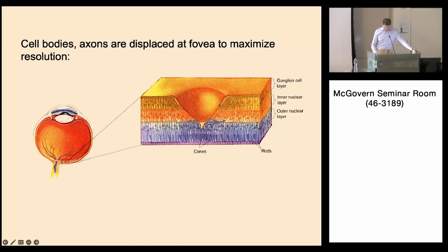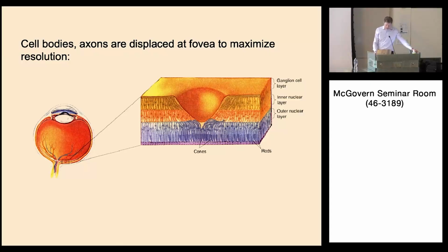You can see that the cell bodies here are moved out of the way, and that means that the light doesn't really get scattered. I guess the idea is that out here, away from the fovea, the little bit of scattering that happens from the cell bodies is acceptable. Also, one of the things that mitigates this issue is the fact that the cell bodies are pretty translucent, right? So it's not like they're absorbing lots of light themselves.